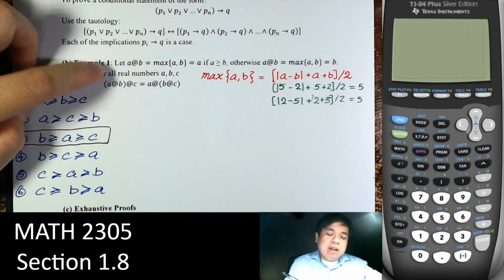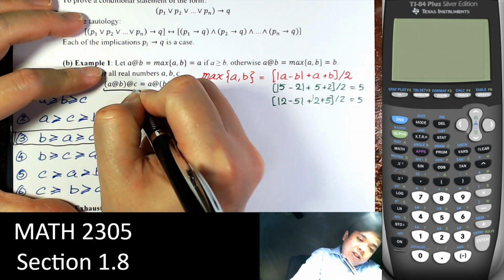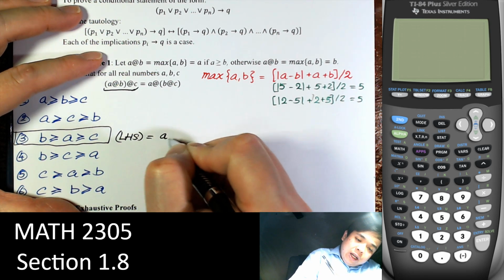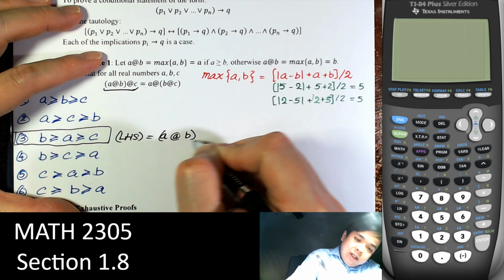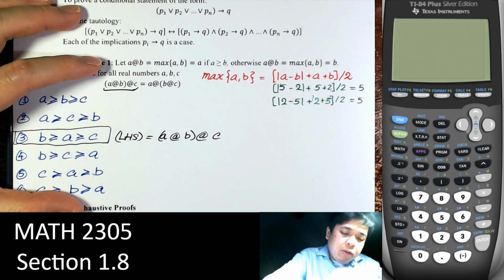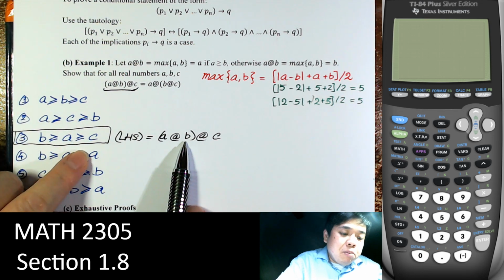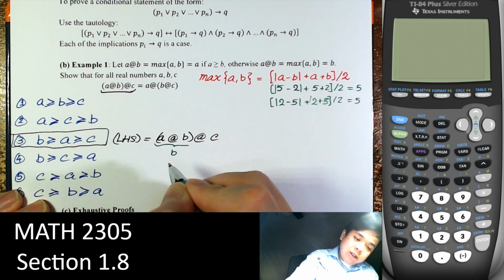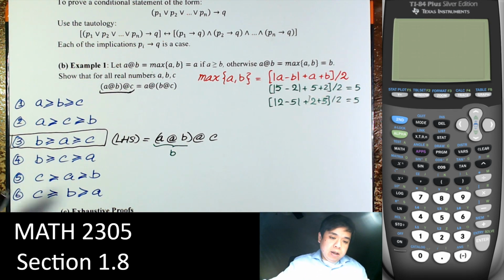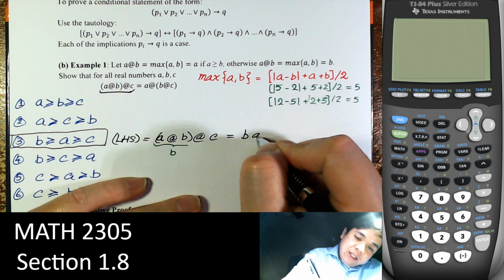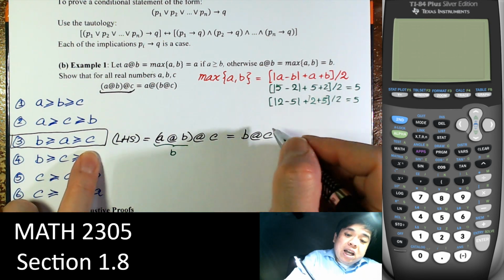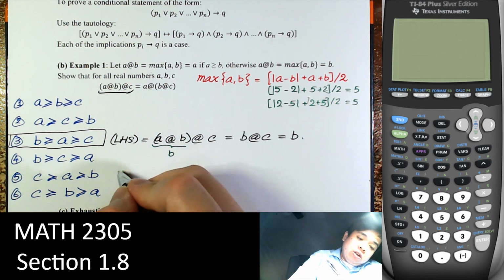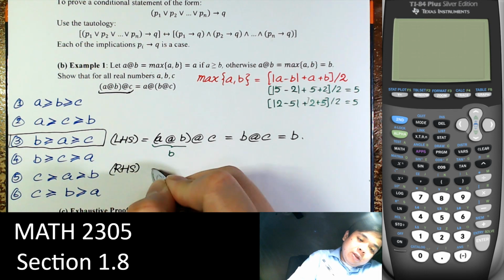Now the left hand side is equal to A max B max C. Now, because A max B is B, since B is bigger than A, this is equal to B max C. Now between these two, B is bigger than C as well, so this is equal to B. So the left hand side is equal to B. What happens on the right hand side?